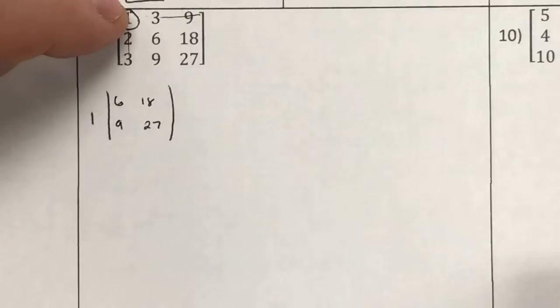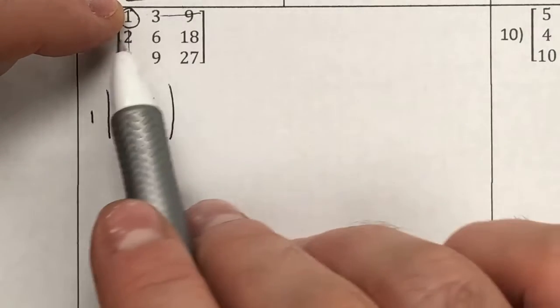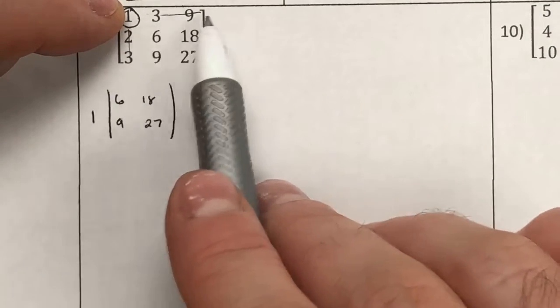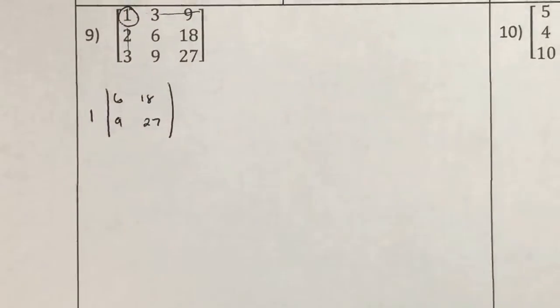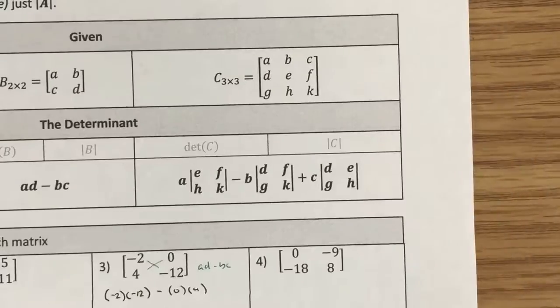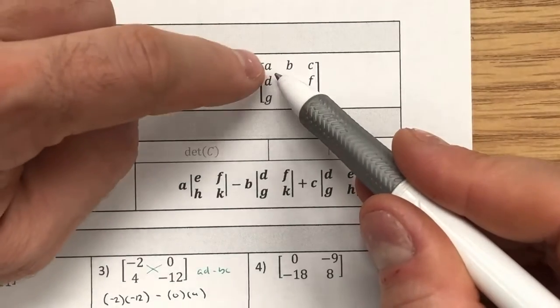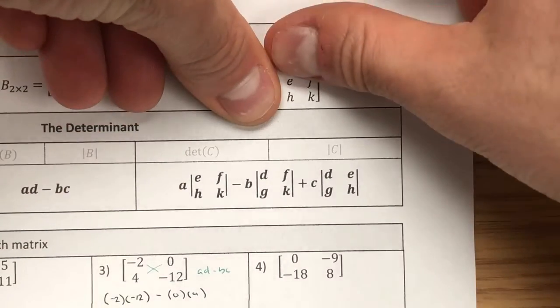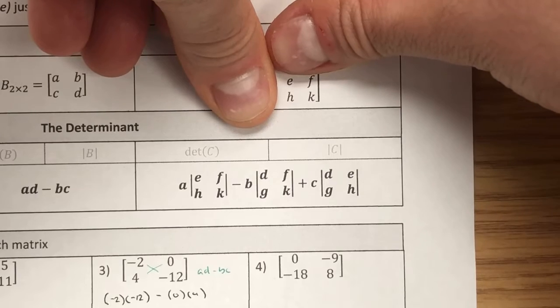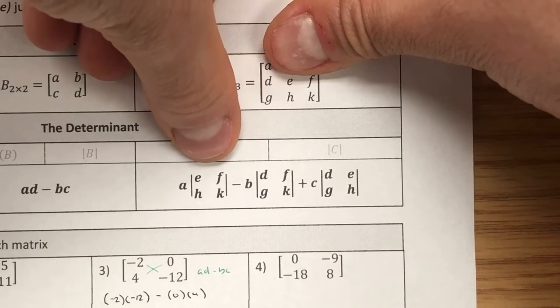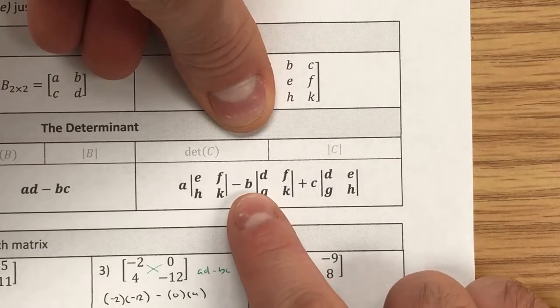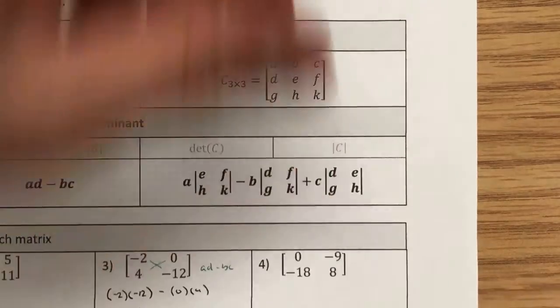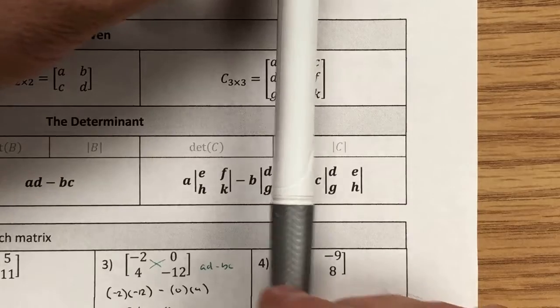So a, if we did that, B, C, D, A, B, C, D, it'd be E, F, G, H, K. Let's see if we got that the same on the formula. So it'd be A times the determinant of the part not included in A. So EFHK, EFHK. Perfect.